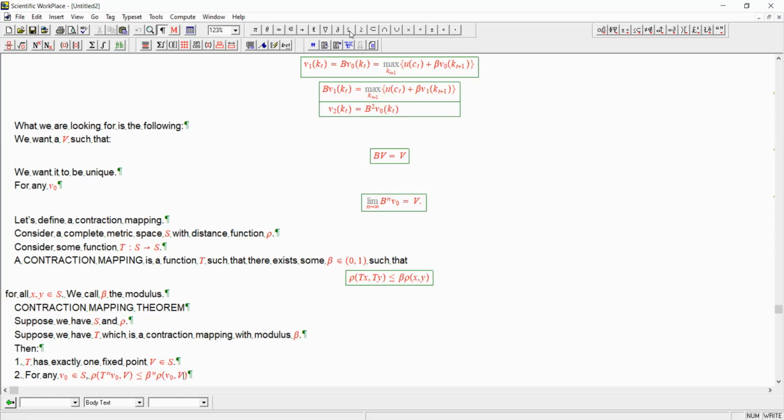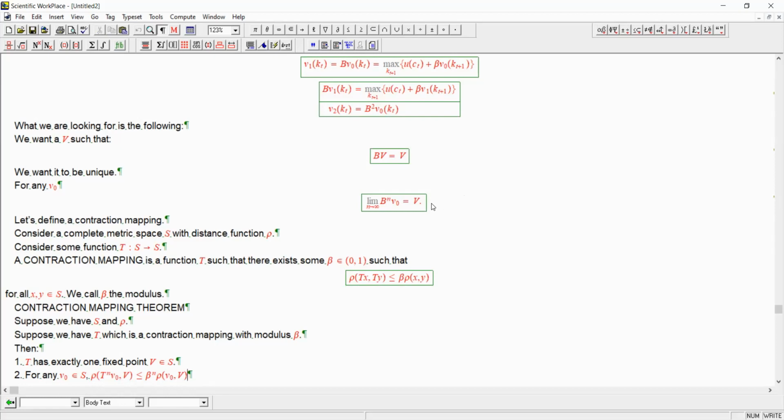In other words, regardless of where you start with v0, if you apply this contraction mapping enough times, you're going to end up getting as close as you like to the fixed point. Because, of course, as n goes to infinity, this distance is being squeezed towards 0.